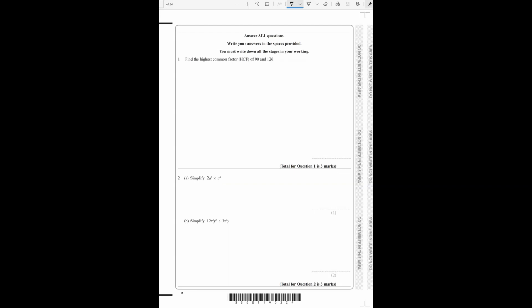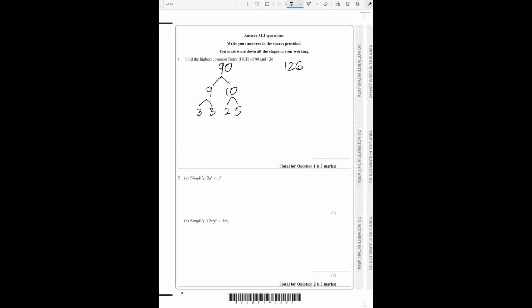The highest common factor of 90 and 126. Now I would do highest common factor by doing factor trees to identify the prime factors. So just keep going down your factor tree until you get to your prime numbers. So it's 3, 3, 2 and 5.